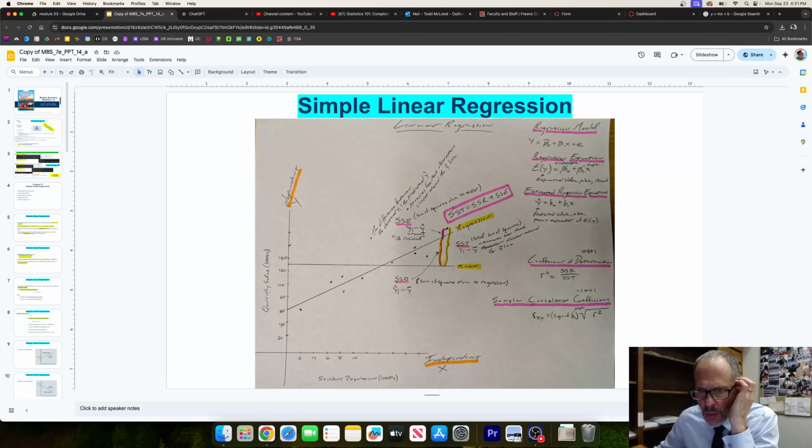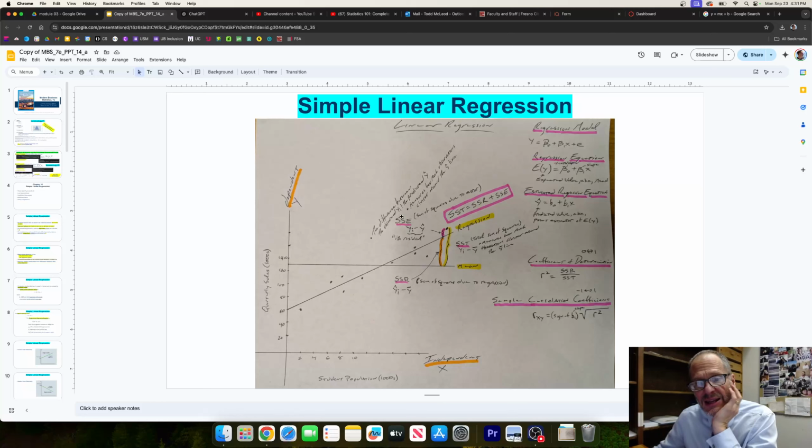And then knowing that y hat is the sample estimation of the expected value for y, and that the little b's are for the sample, and the big B's are for the population. Just knowing those, and knowing that the independent variable x is down here on the x-axis, and that this is the dependent and this is the independent variable.